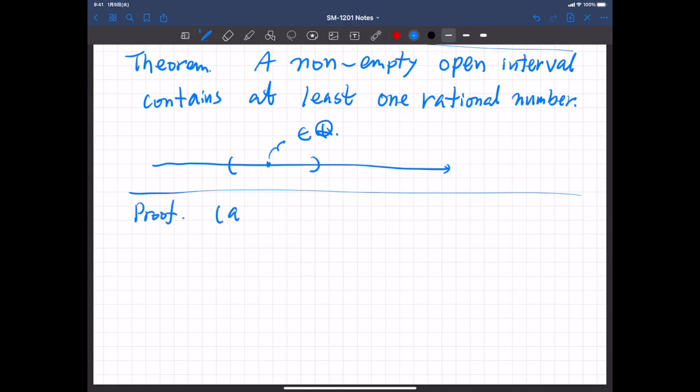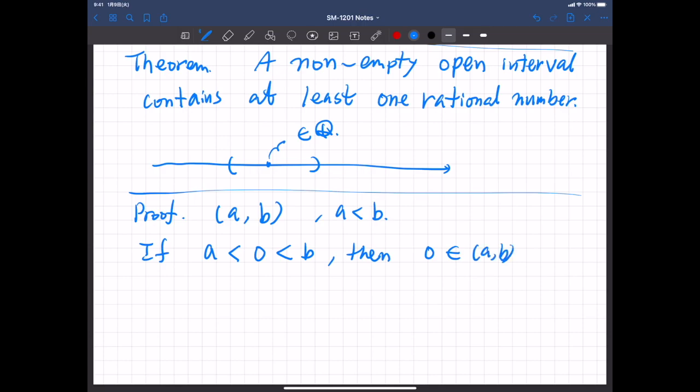We consider an open interval from a to b, and of course a is less than b. If a is less than 0 and b is greater than 0, then 0 is a rational number that is within this interval. And 0 is a rational number, so the statement is true.